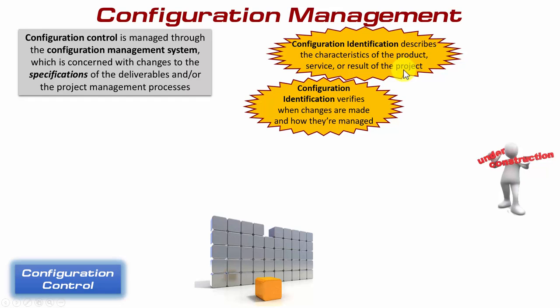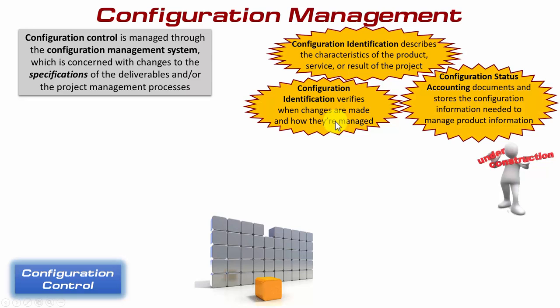These also are products, and the configuration of them is under control of configuration management. Configuration identification also verifies when changes are made and how they're managed. Think of a simple document as an example here. You would want to know exactly what version number it is that you are using and that you're using the correct or latest one.